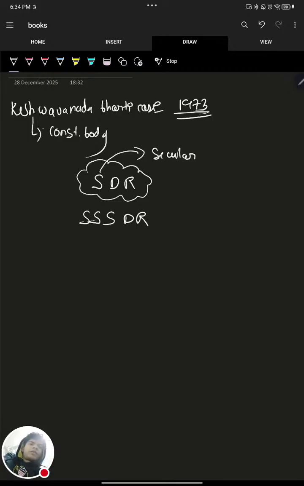Because of this secular wording, when we captured some part of Bangladesh in the 100th Constitutional Amendment Act, of 2015, I think, yes, 2015, we took some part.